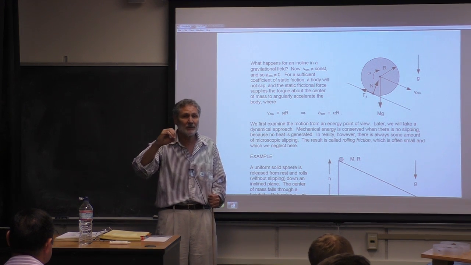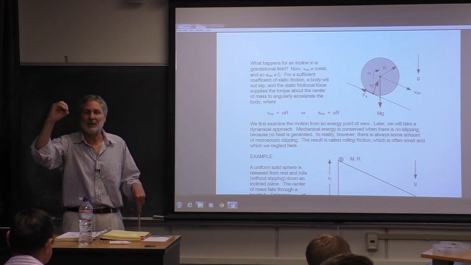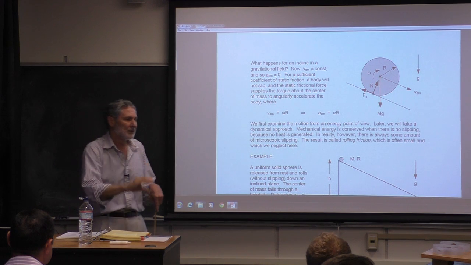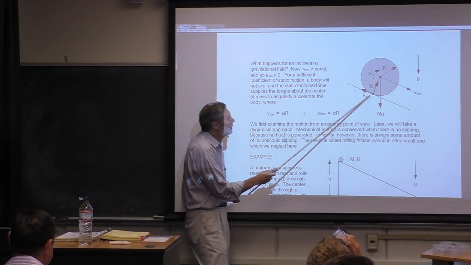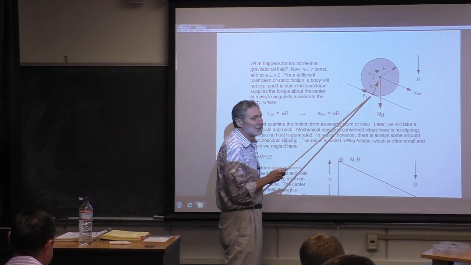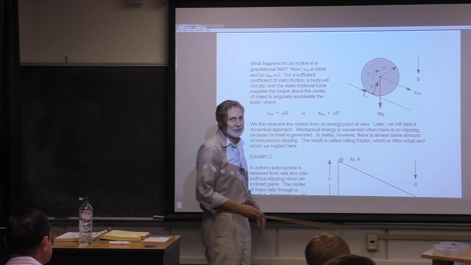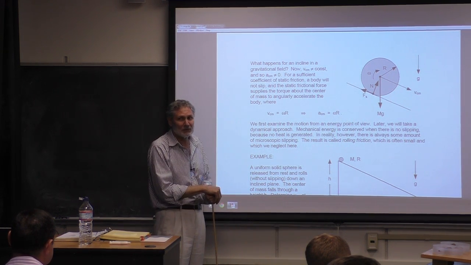If there were no friction, which we've assumed in this class a lot, it would just slide down like that. If you release it from rest, it'll just go down and slide. But friction is going to cause a torque about the center of mass due to this frictional force. And that will cause it to angularly accelerate. And it has to angularly accelerate in this way if it's not going to slip.